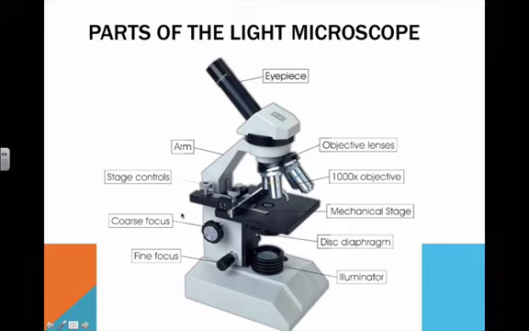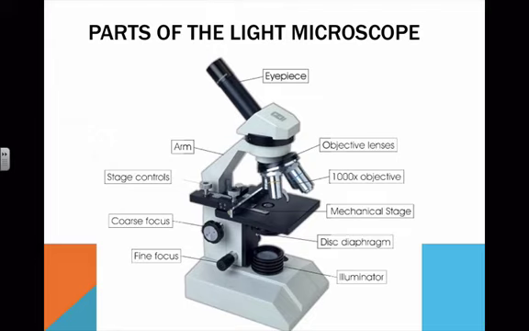The two things you're going to use for that are your coarse focus, right here, which is the bigger knob, and your fine focus, which is the smaller knob down here. The coarse moves great distances to the stage, and we only use this one on the lowest power. And then the fine focus is used on all 3 of those powers or objective lenses.